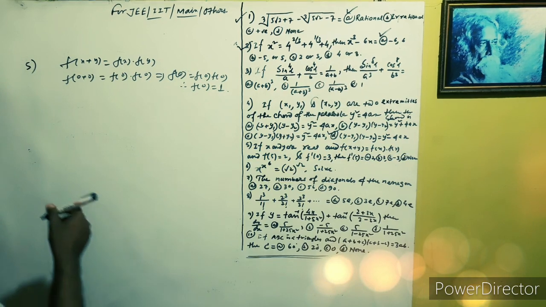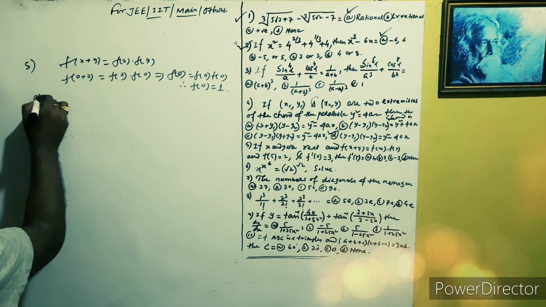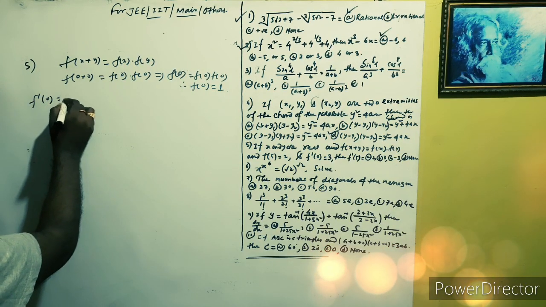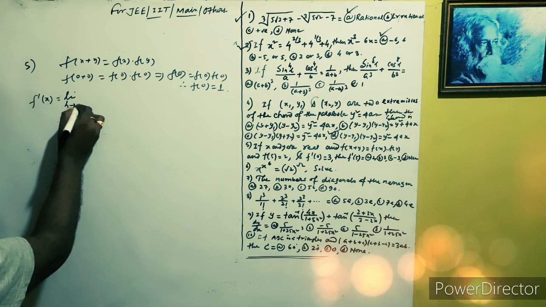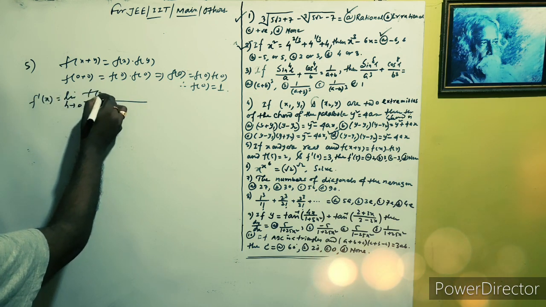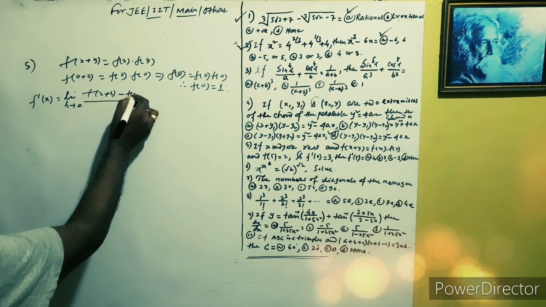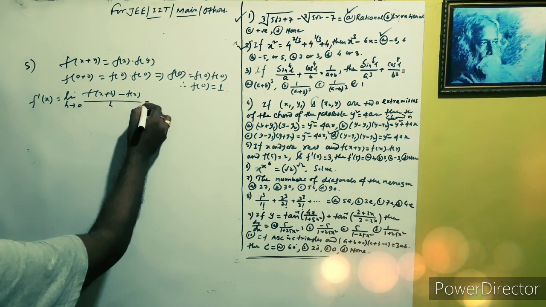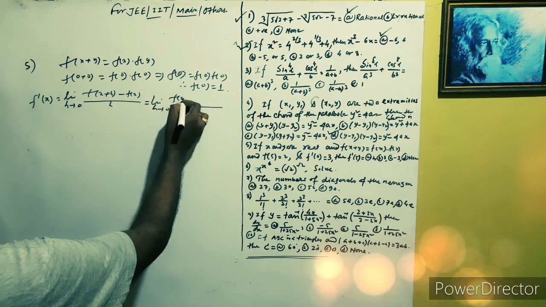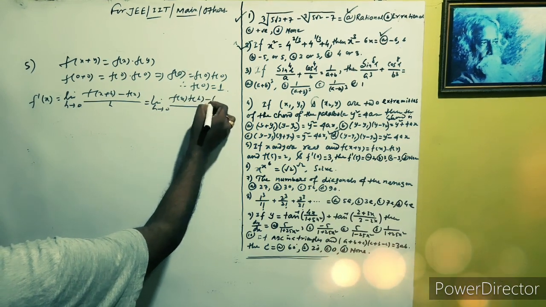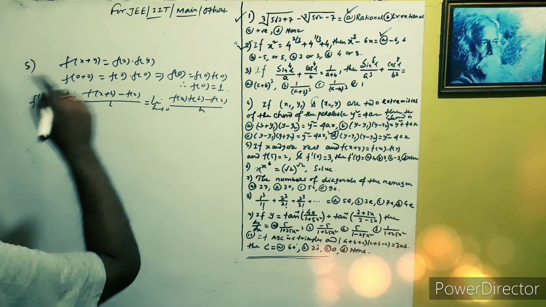It is given that f dash 0 is 3, and now we have to find f dash x. This is limit h tends to 0, f of x plus h minus f of x by h, which is limit h tends to 0, f of x into f of h minus f of x by h.